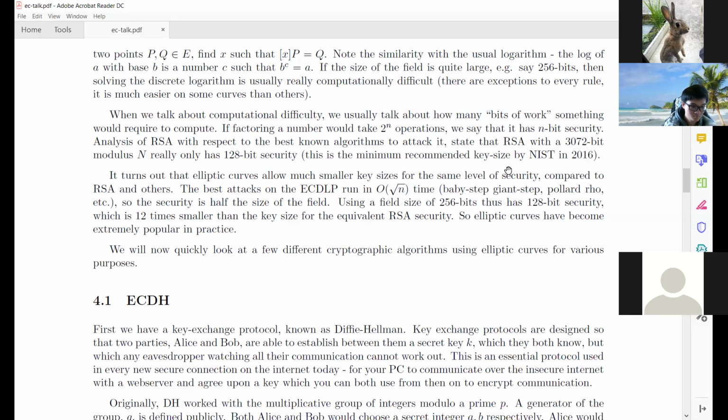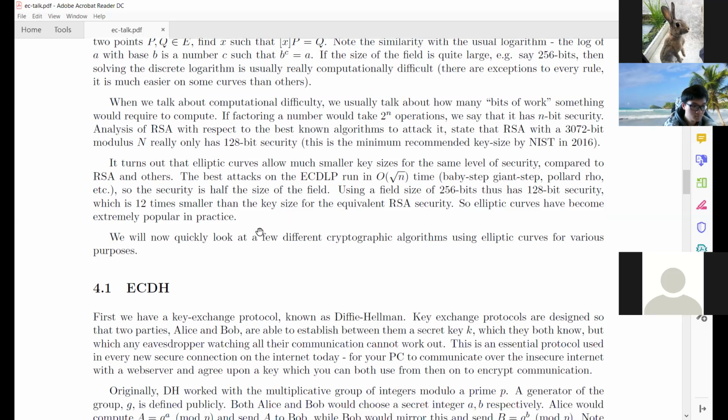So that's already 12 times smaller. That, and a number of other efficiency improvements, is one of the main reasons why elliptic curves are pretty popular now in practice, just for efficiency. It's not really anything to do with the fact that they're curves or any of that theory. They're just a really efficient group to use.